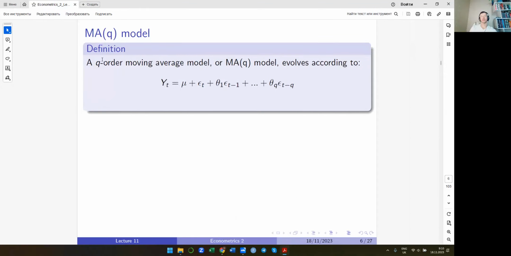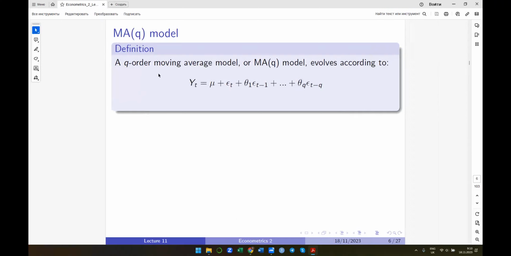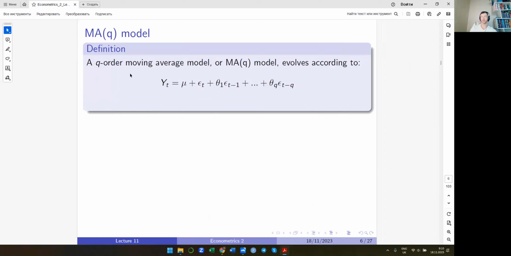Now, the MA(q) model, so moving average of qth order. It looks as follows: y t equals some constant mu, and this mu is the expected value of y t, plus a sequence of white noises.